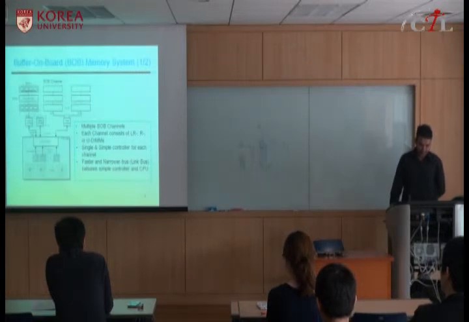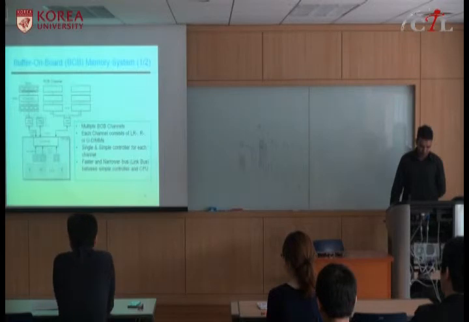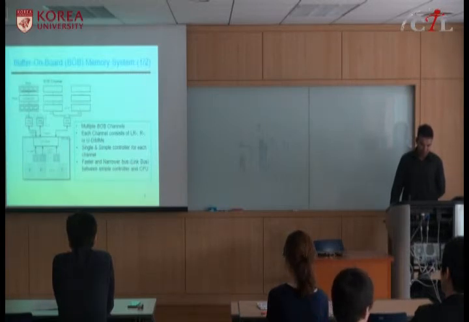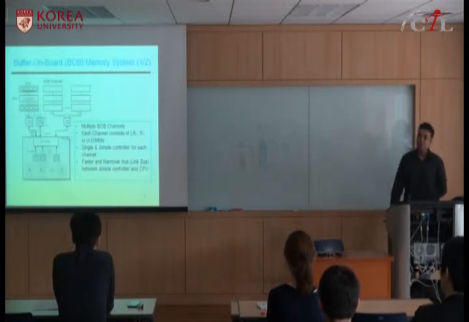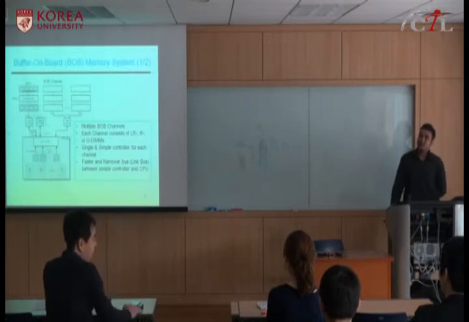The data bus is 64 bit, and from the simpler controller to the BOB, the buffer-on-board memory controller, there is a link bus that can be lower or higher than 64 bit. After that, there is a cache and a processor, and this can also be a different bit width. Okay, so this looks like the key concept.